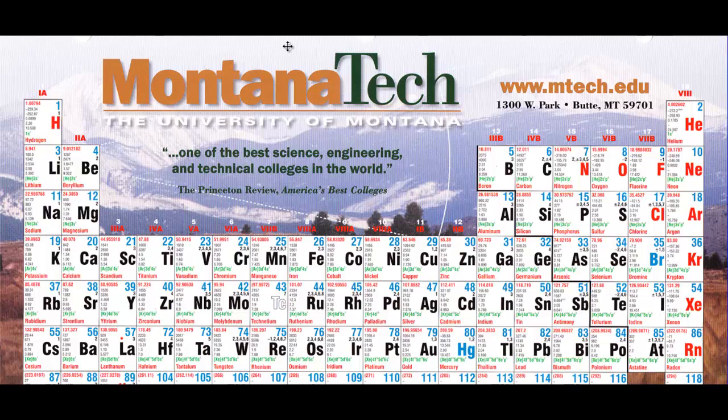Here's what I mean about bridging the gap. If you look at hydrogen, its average atomic mass is 1.00794 AMUs. We're going to round that off to its mass number. We're going to say 1 AMU. An individual atom of hydrogen has a mass of 1 AMU. Now that's a mass way too small for us to deal with.